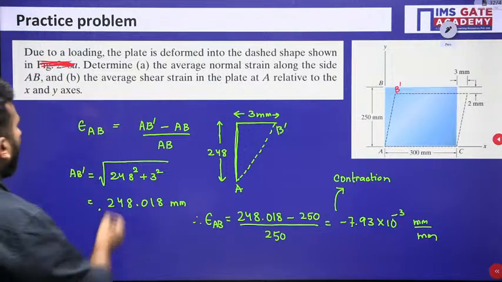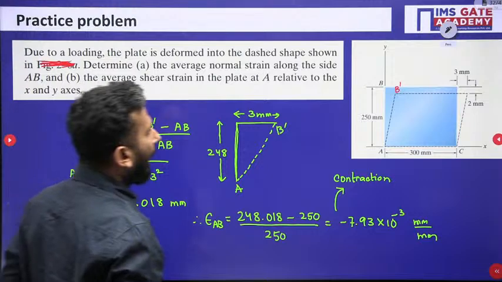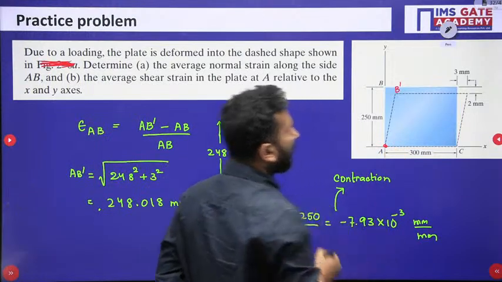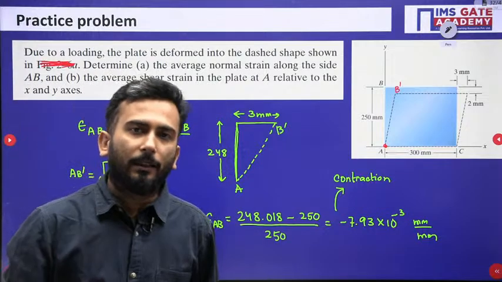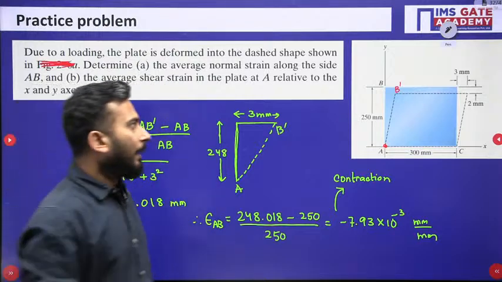Okay. And now we have to find out the average shear strain in the plate at point A. At this point, we have to find the shear strain. You know that shear strain is nothing but the change in the angle with respect to two perpendicular axes.